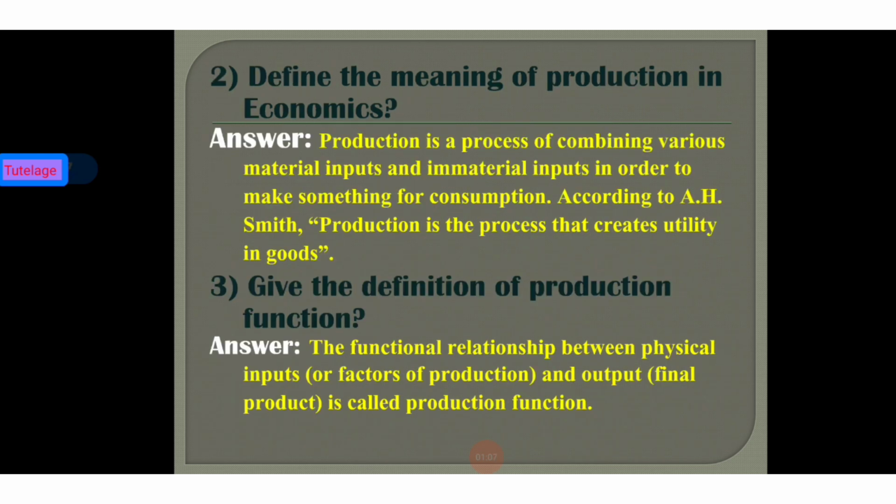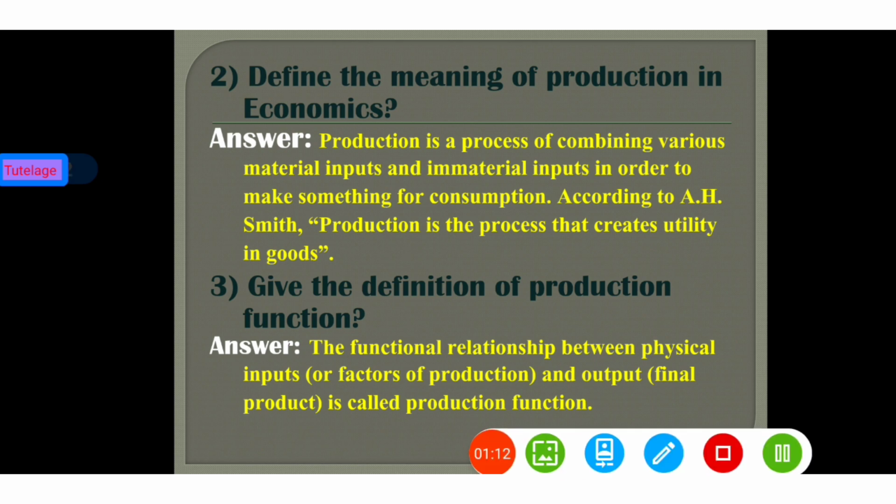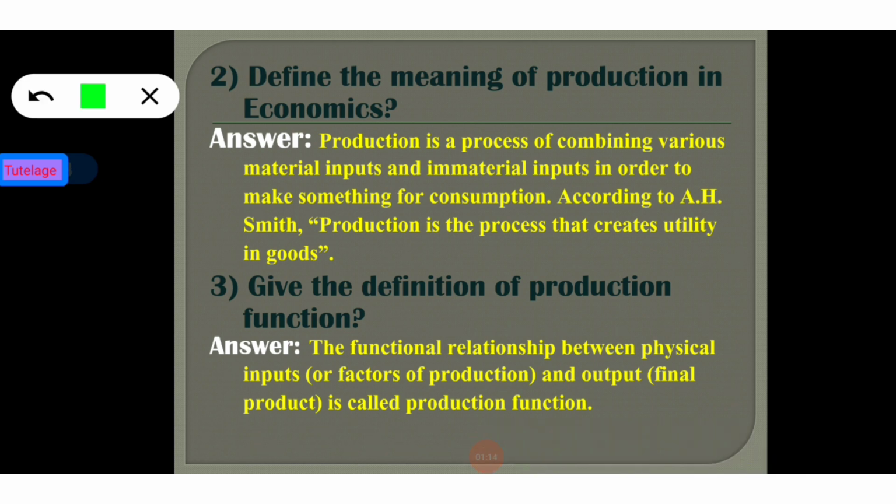The next question is, define the meaning of production in economics. So production is basically a process of combining various inputs, different types of inputs, which include material inputs and immaterial inputs, in order to make something for consumption.